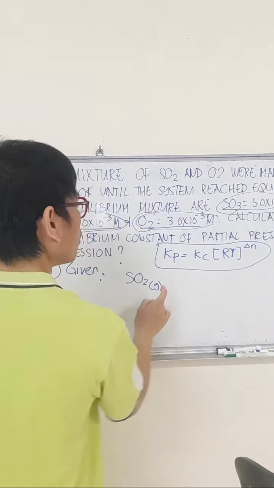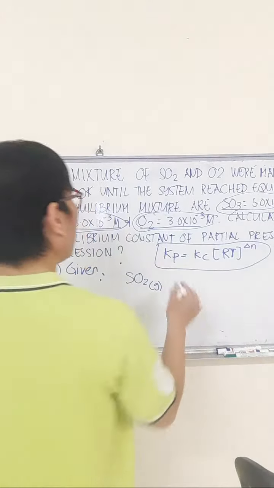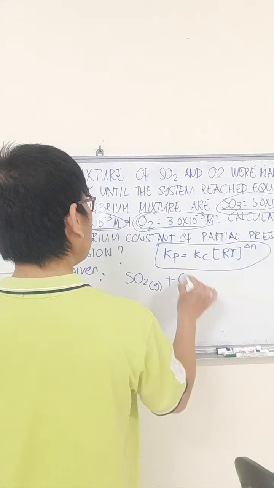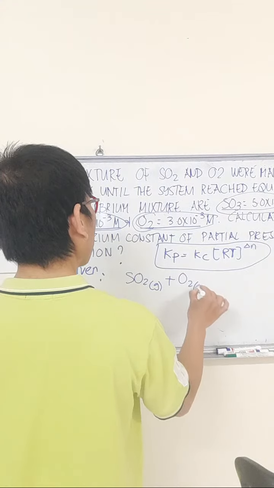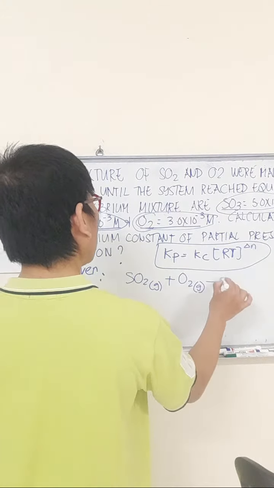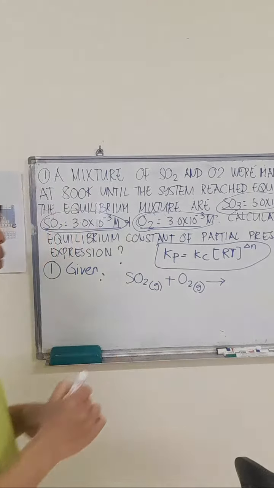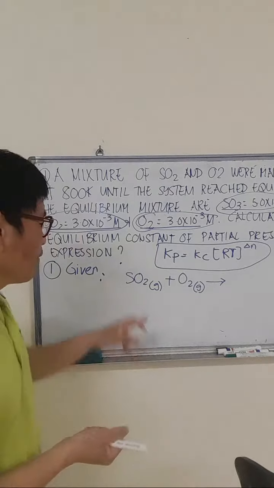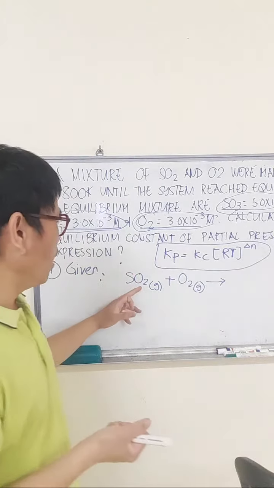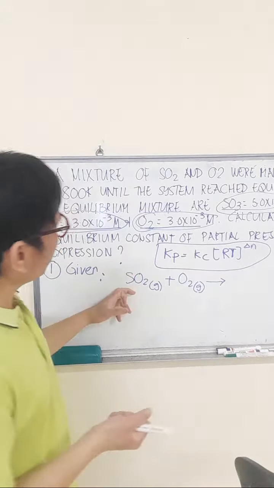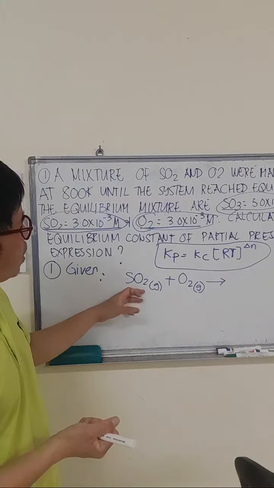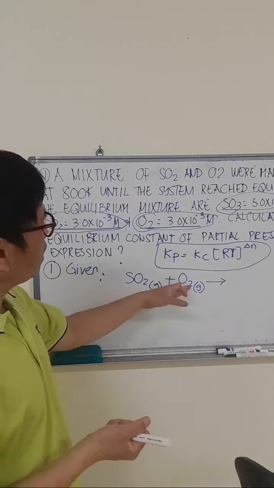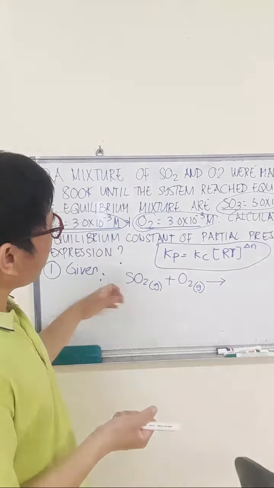So this is small letter g, gas, plus oxygen, and also gas, is equal to SO3, okay, diba? So the oxygen, the number of protons of oxygen will be donated to another oxygen. So that's why it will become SO3.